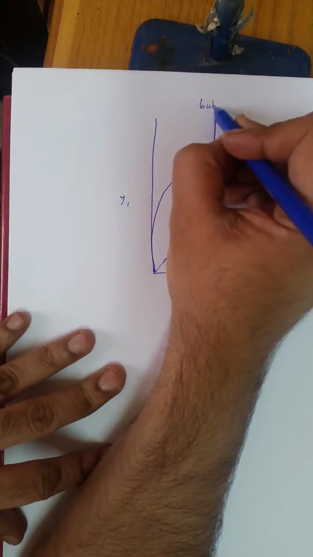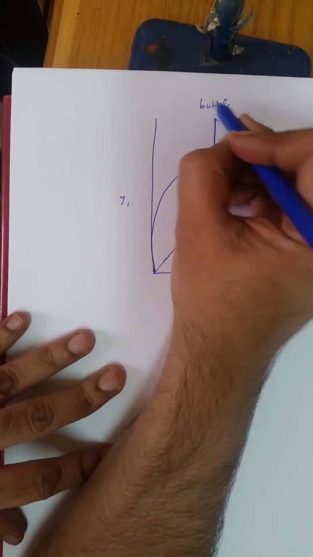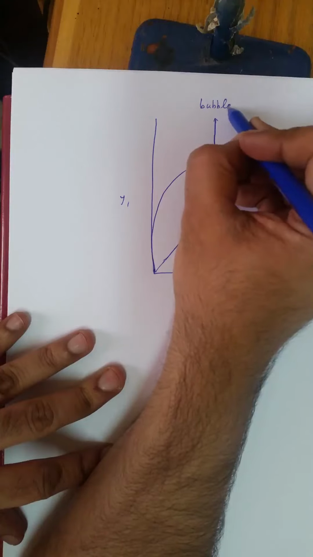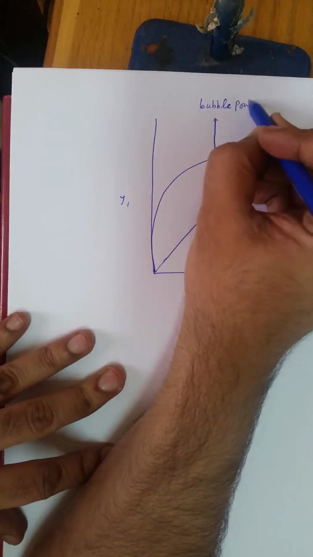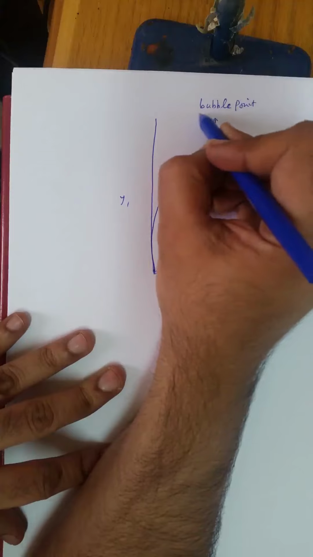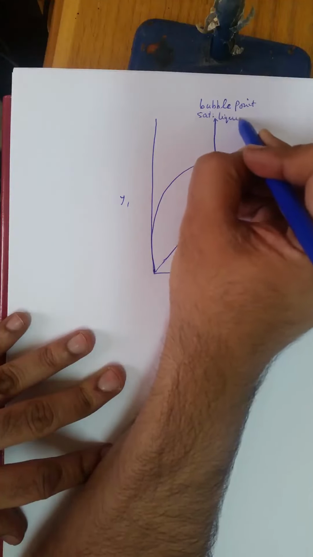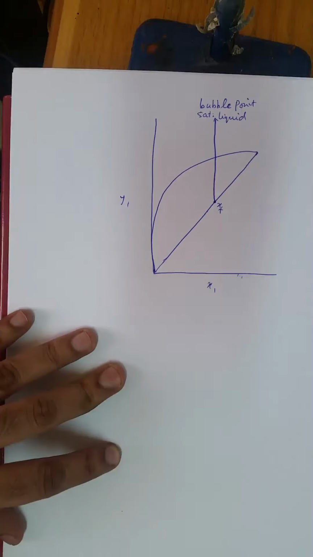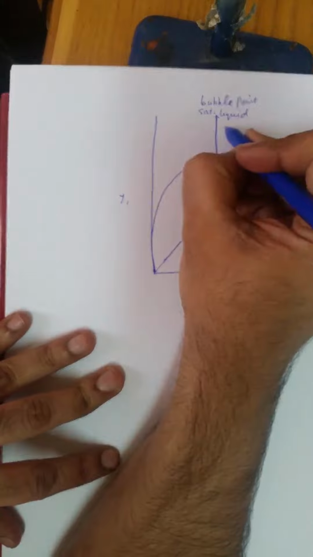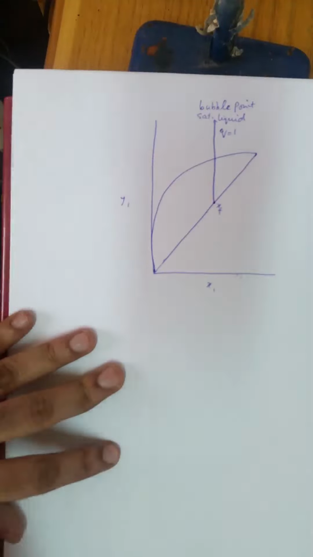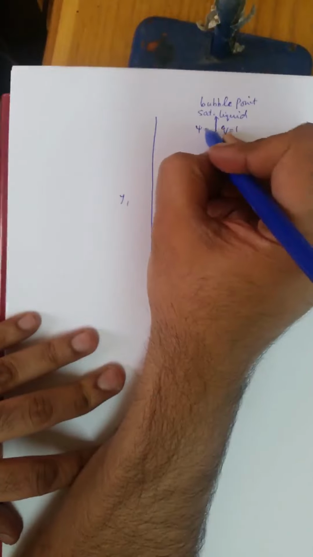this is called the bubble line. It means the feed is at its bubble point, or we can call it saturated liquid. Or the Q value is equal to 1, or the psi value equal to 0.